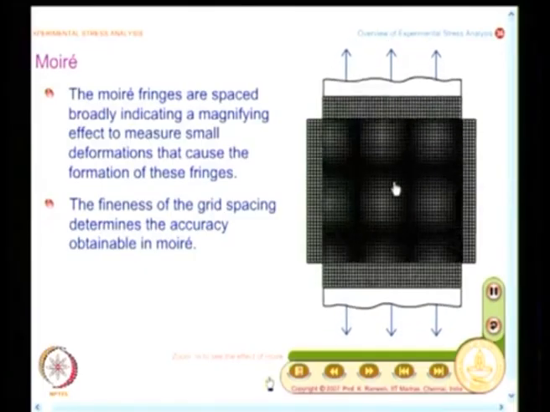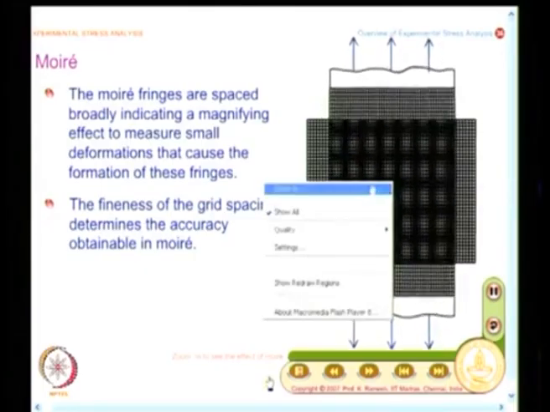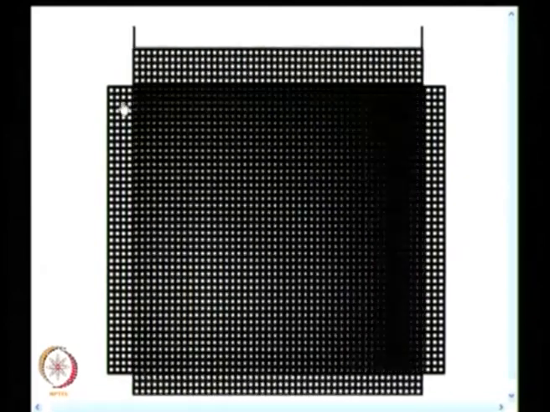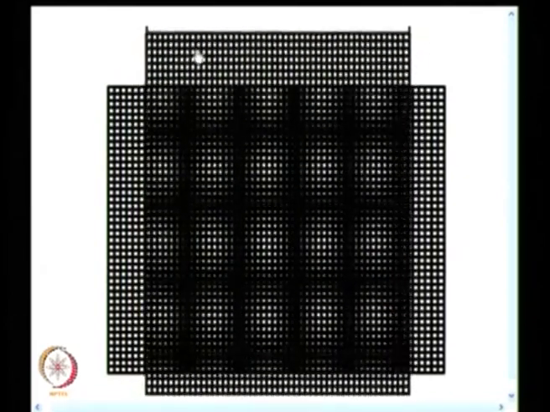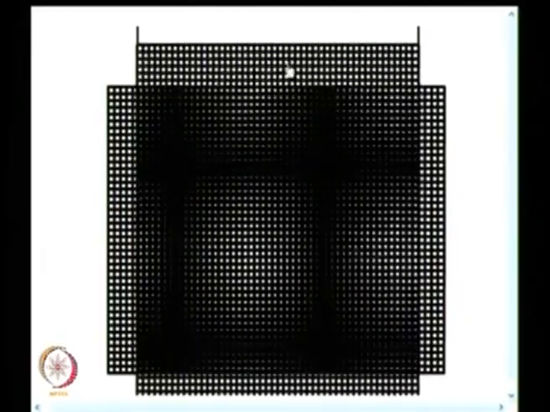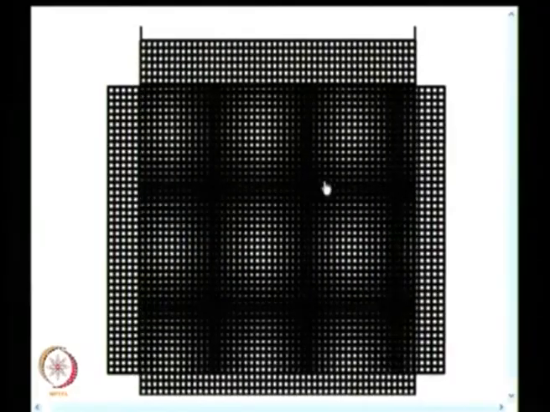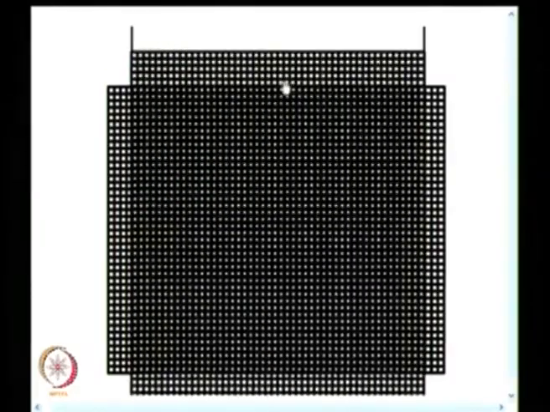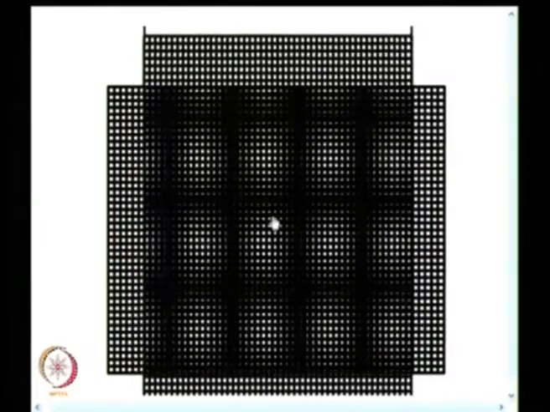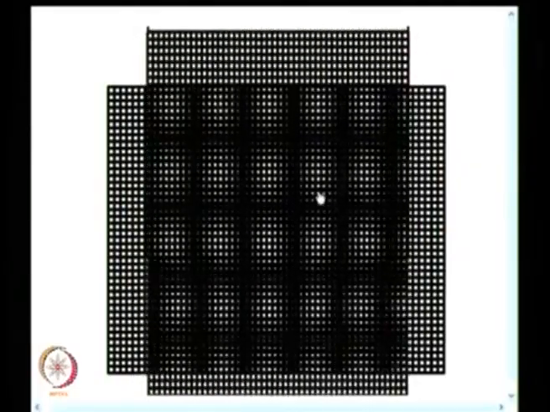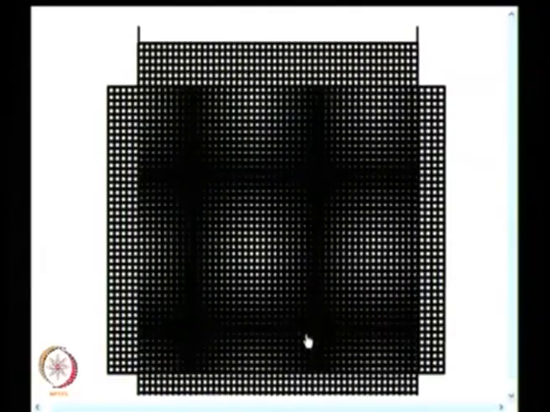And what you have here is, I have two grids, I call this the master grating, this is attached to the specimen which is pulled, and because of the Poisson ratio effect the thickness comes down, and you see horizontal fringes as well as vertical fringes. So, that means what?